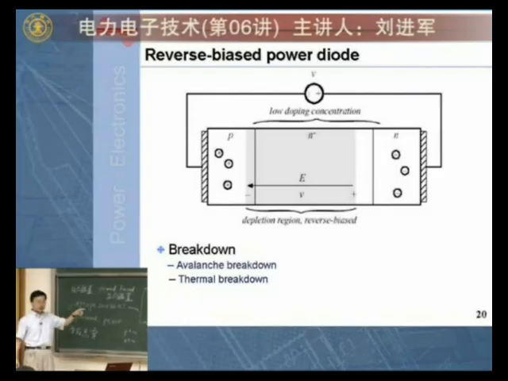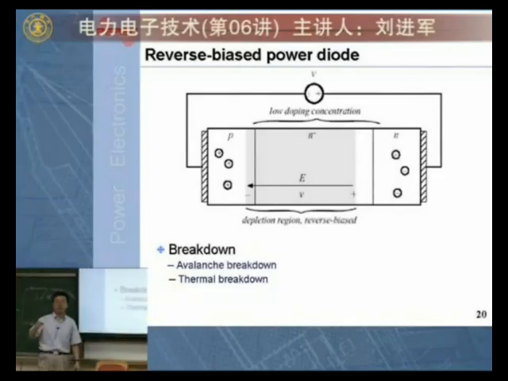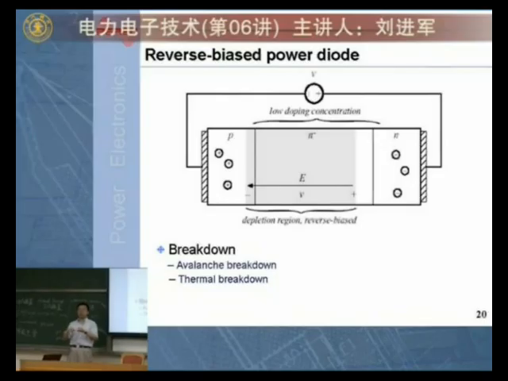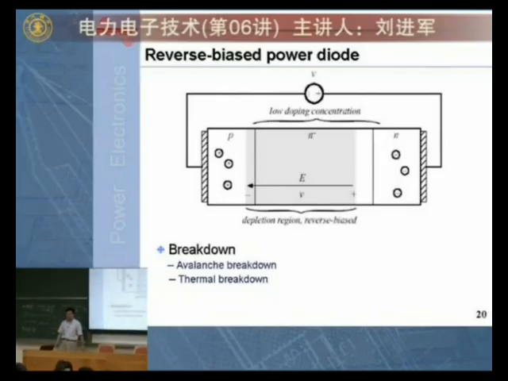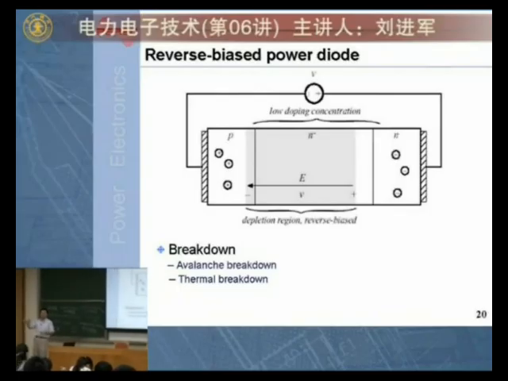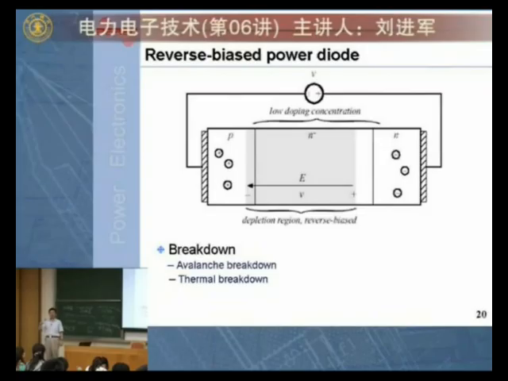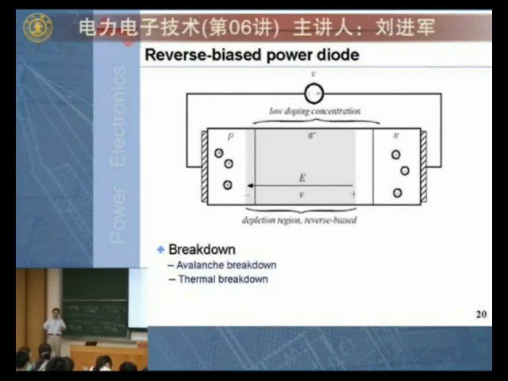When avalanche breakdown happens, if you have the ability to limit the current flowing through, you still can keep the diode safe. Although the voltage is very high, if you can still, through the outside circuit, limit the current very small, then this is still safe. But if you cannot keep this current small, then this current will become dramatically large.